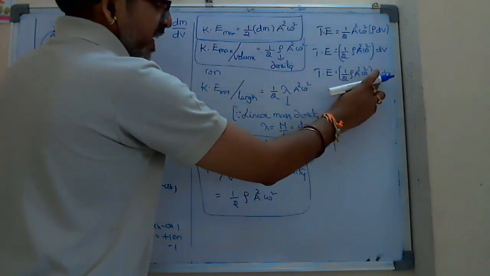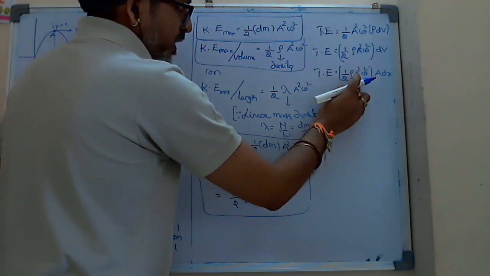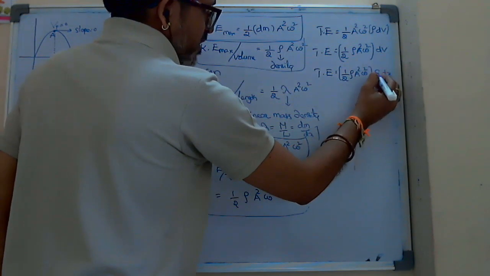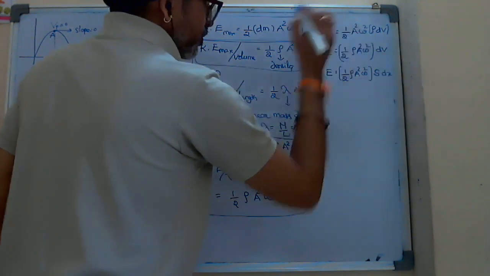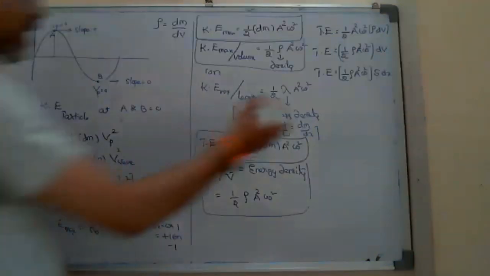If I represent area again as A, you may get confused, because I already took A as the amplitude. That's why I represent the area with the letter S, where S is the area.